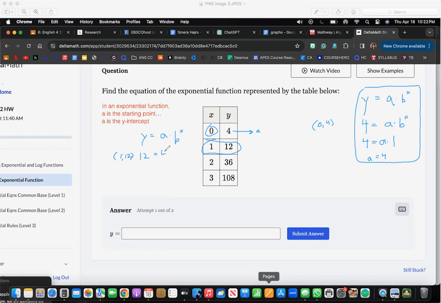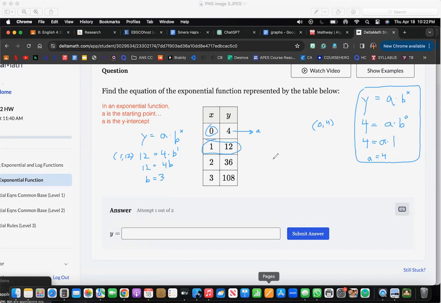A will be 4. B we don't know yet. And I'm going to raise b to the first power. Showing extra steps, you can skip this kind of stuff. So b to the first power is just b. So dividing, by rules of algebra, we have b equals 3.